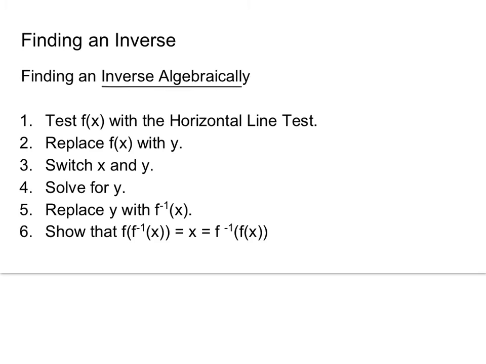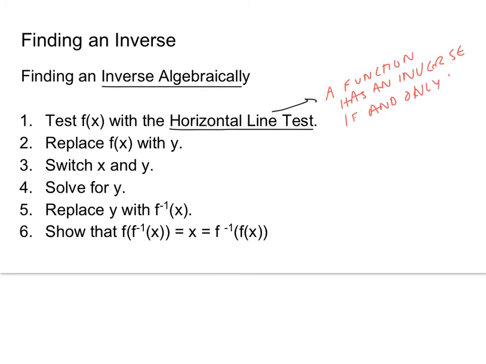First of all, we need to use the horizontal line test. We haven't talked about that yet. But the horizontal line test says this: a function has an inverse if and only if it passes the horizontal line test.